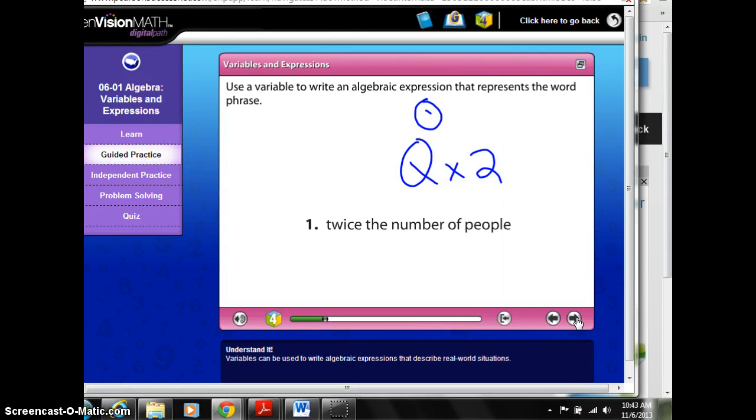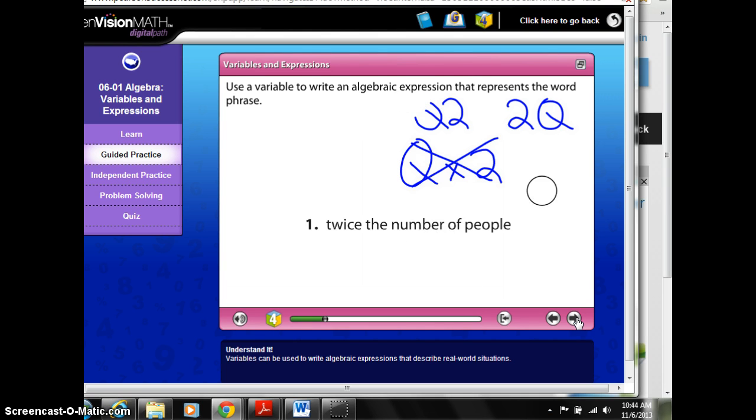So instead, we squeeze those two together. Q2. He just liked the letter Q. I probably would have picked P for people. Now, is it okay to do it this way? Sure, because when we multiply, 6 times 8 is the same thing as 8 times 6, isn't it? Sure.